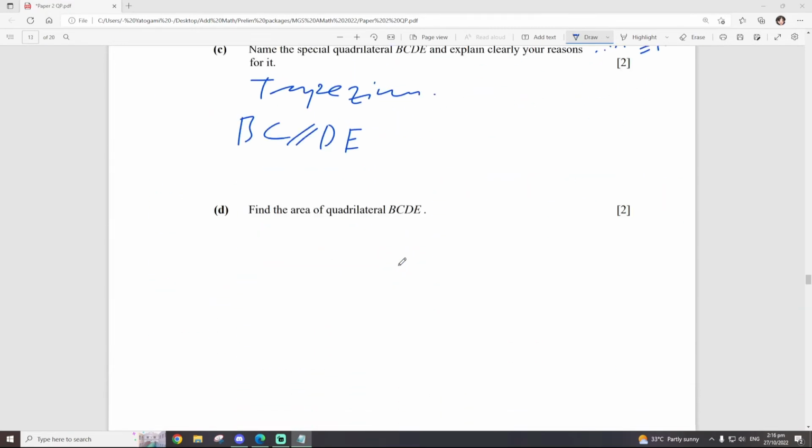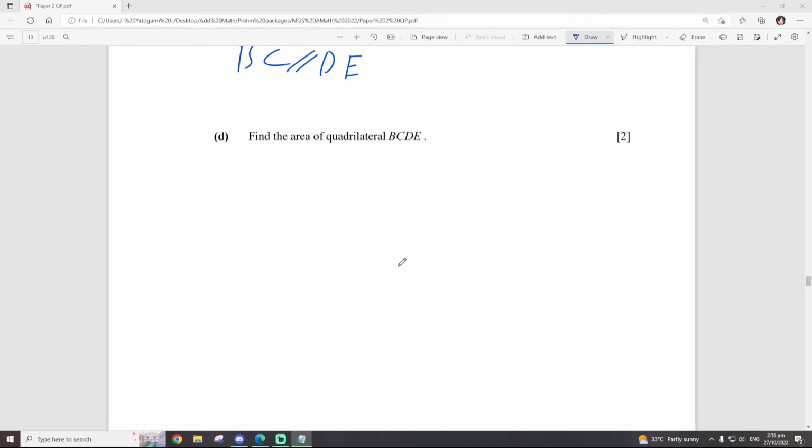So the area of this quadrilateral will use the shoelace method: 0, 6, minus 6, 3, minus 3, 9, 0, 5, 7, 0, 6. So what do we get?